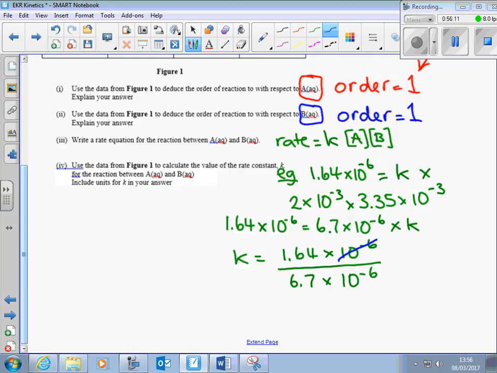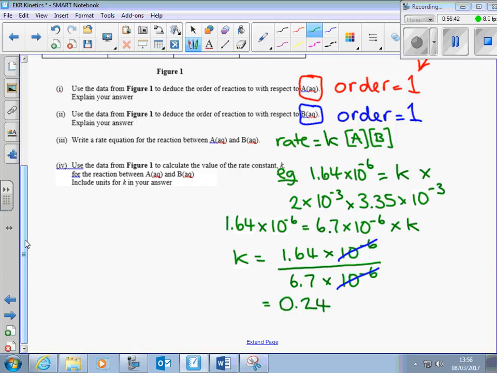And so k equals roughly about 0.25 in my head. 6.7 looks like about 4 times 1.6. There we go. All right, 0.24.